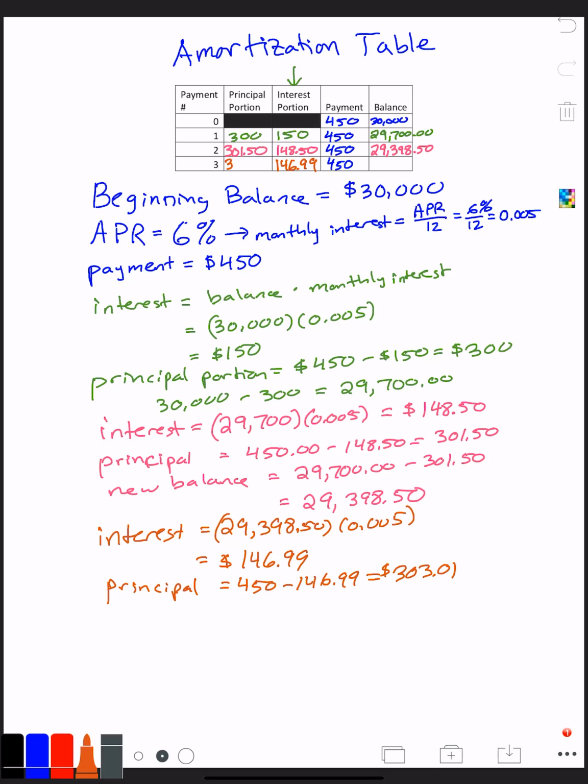Put that out here. And the final balance then, at least after the third month, would be the previous month's balance minus the new principal amount. It's $29,095.49.